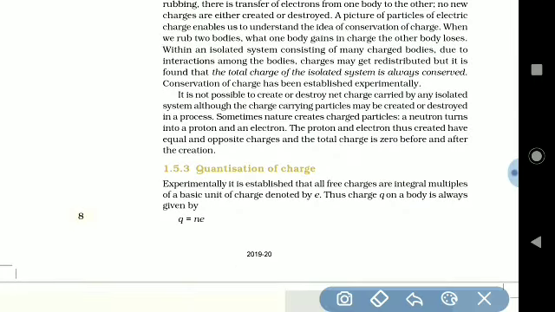and quantization of charge. Remember, this formula is very important. Q is equal to Ne. And also we know that here in this formula, Q is our total charge, N is an integer, and e is a fundamental unit of charge.